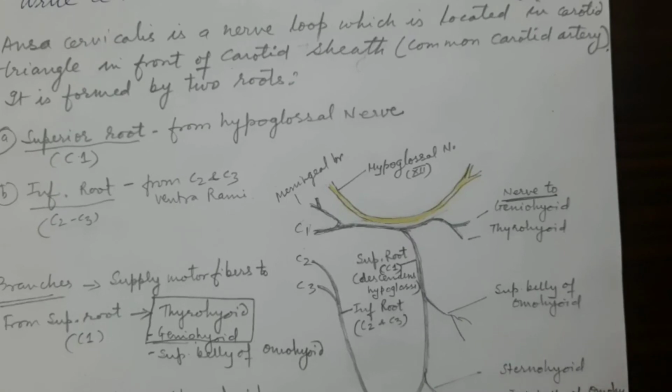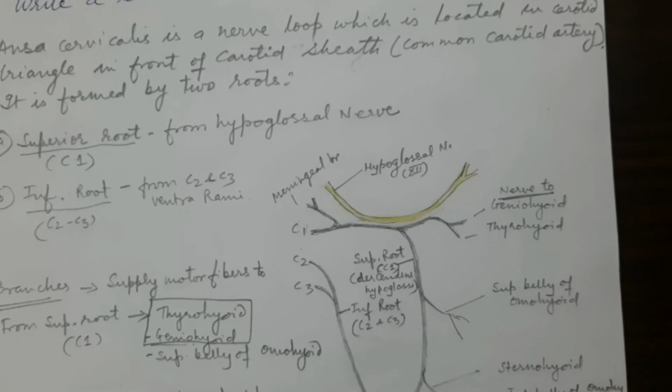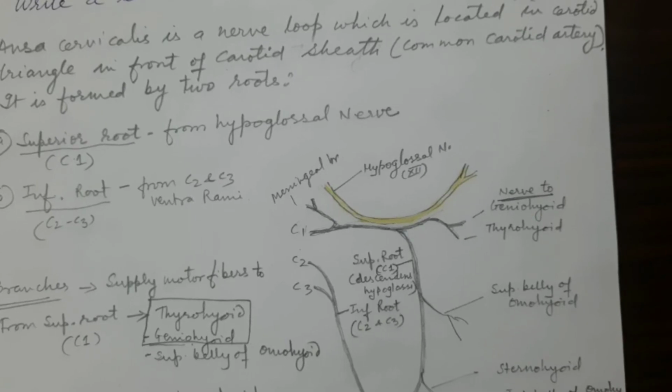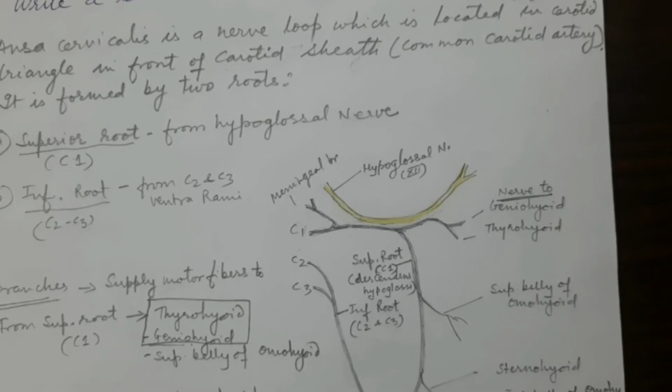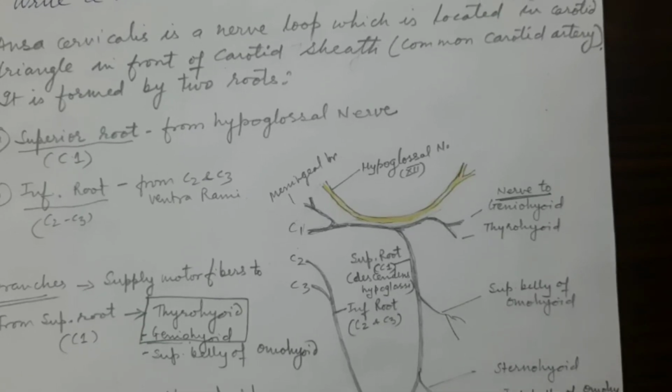It will go to the sternohyoid, then to the sternothyroid, both taking origin from the sternum, on the posterior aspect of the manubrium sterni, and going upward, one to the hyoid bone, another to the thyroid cartilage. So sternohyoid and sternothyroid, and third is the inferior belly of the omohyoid.